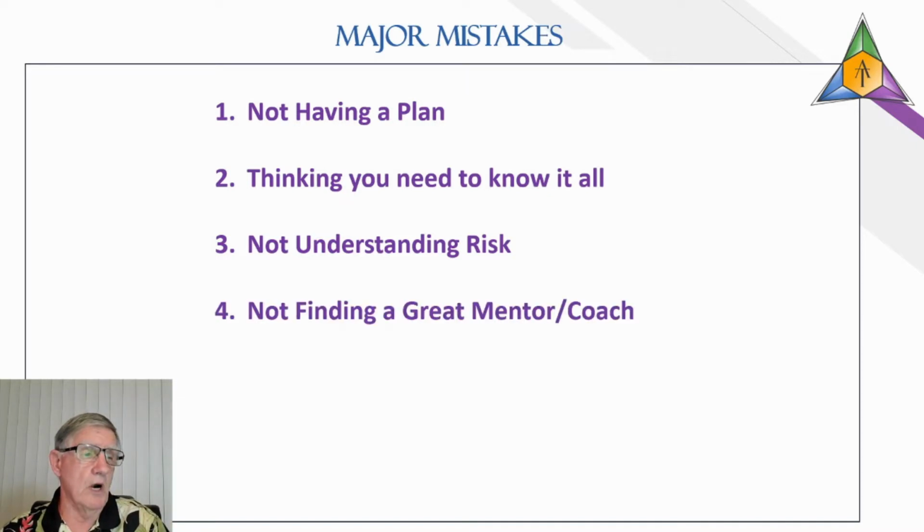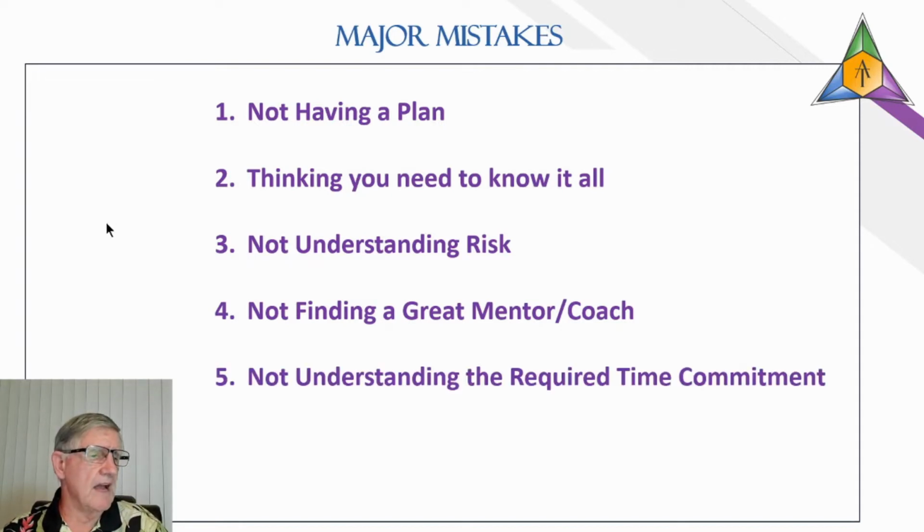Number 4, not finding a great mentor or coach. Number 5, not understanding the required time commitment. We'll cover each one of these points in the following slides, briefly, and also give you some insight into how we'll be addressing these as we move into the actual training sessions going forward.